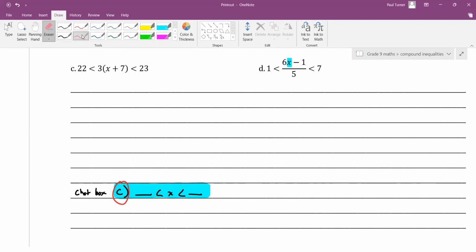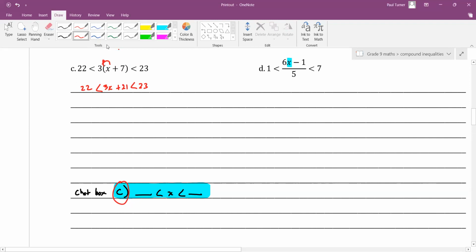So in this question, we've got 3x. So I would expand the bracket first. So this is going to be 3x plus 21. Let's put those on the end, 22 and 23. They're really close together, so your range of x values is going to be quite small.